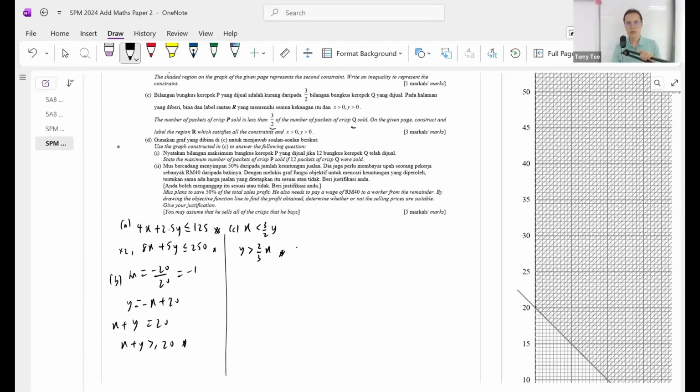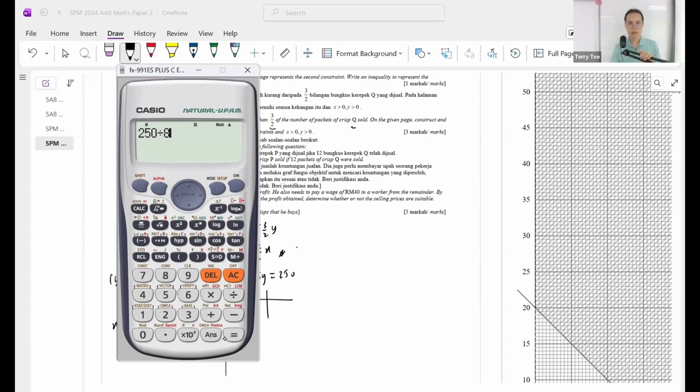Okay, we're going to use a table of values. For the first one, 8X plus 5Y equals 250. I'm going to use X equals 0, Y will be 50. Then Y equals 0, 250 divided by 8 is 31.25.